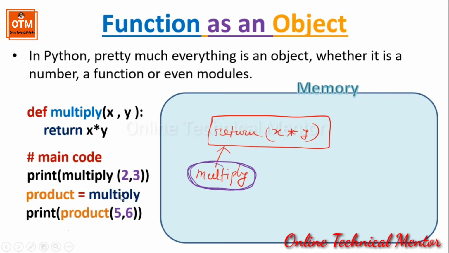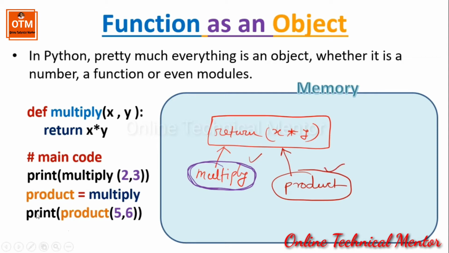Product equal to multiply means this multiply object has been initialized within this product. That means the address where multiply is referring is copied into the variable product. So the consequence is like this: the product variable is now pointing to this memory location. We can say that product is the alias name of multiply. Both product and multiply are pointing to the same memory location, so these are treated as objects.